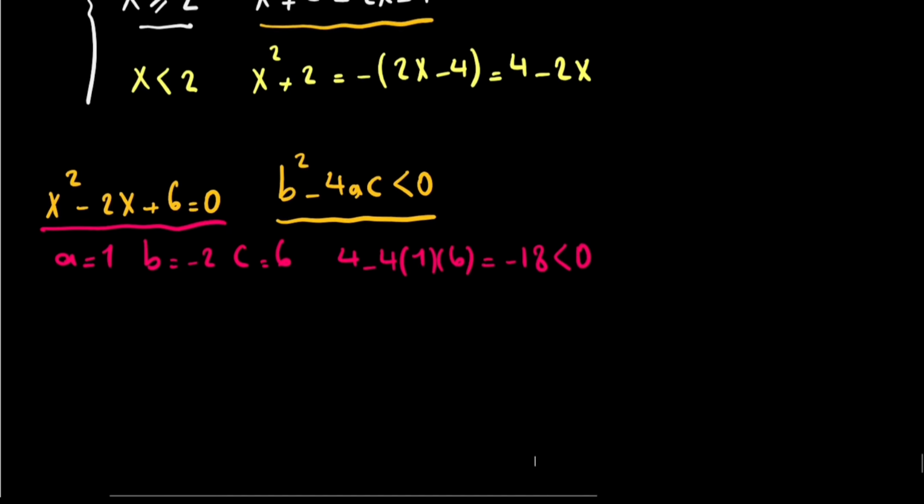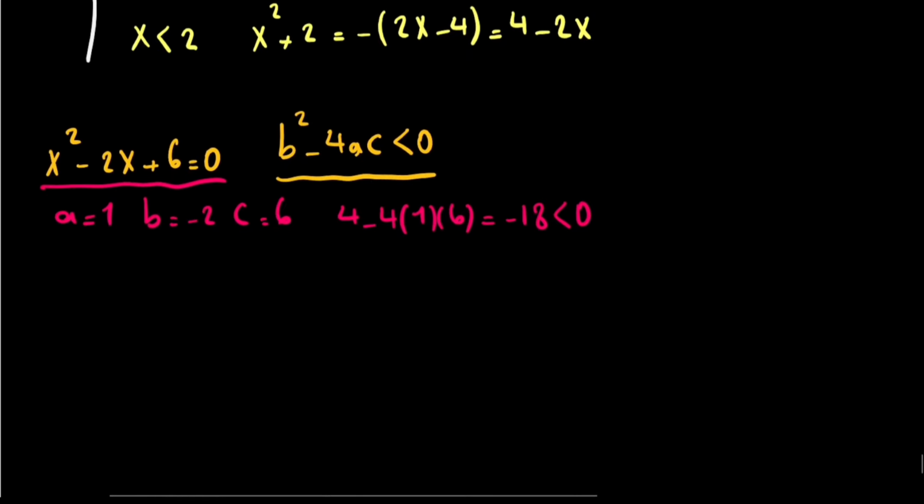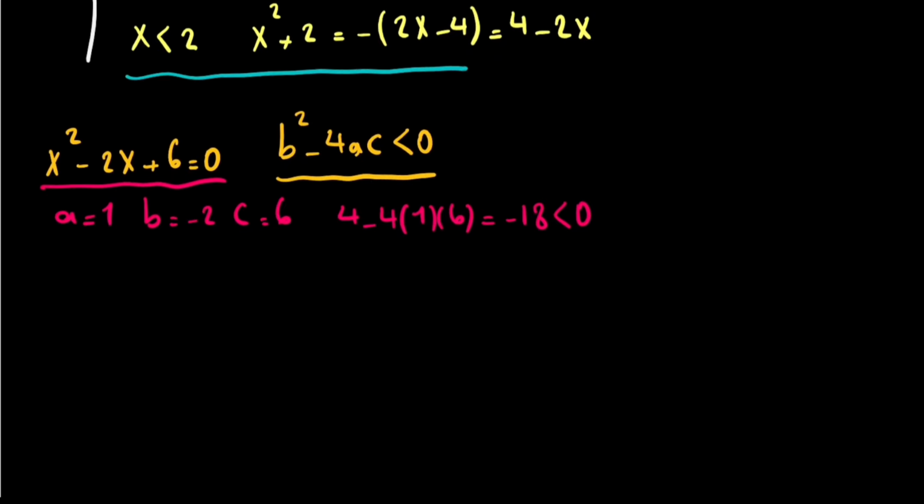So let's talk about the second one. I want to bring 4 minus 2x to the left side. So on the left side you can write x squared plus 2x minus 2 will equal 0.